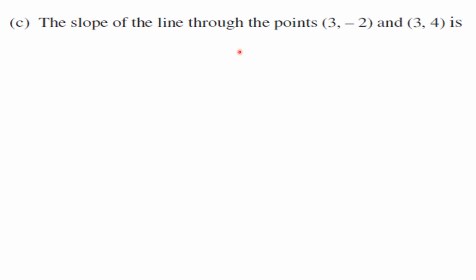The slope of the line through the points (3, -2) and (3, 4) is. How do you find this one? First, we have to assume that this is x1, y1. That is equal to (3, -2).